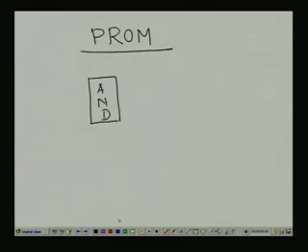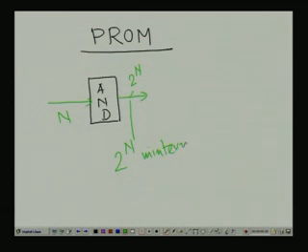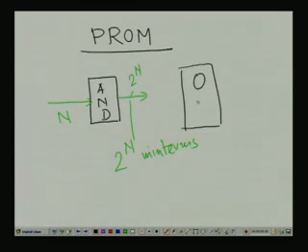It has n inputs and all 2 to the power n min terms can be realized, and then it is fed to the OR plane.